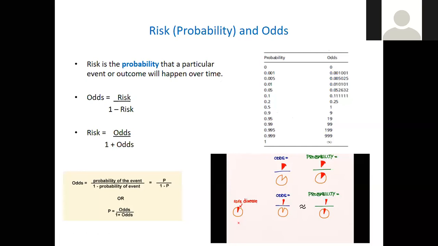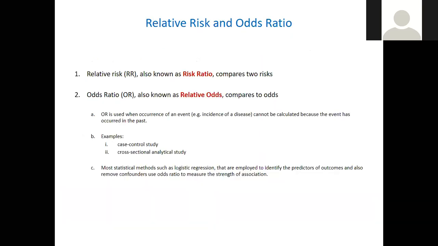So when the probability of an event occurring is very rare, the odds is closer to the probability than when the event is common. When the event is common, the odds is far away from the probability, that is from the risk. I think we have gotten some logic now about the relationship between risk and odds.